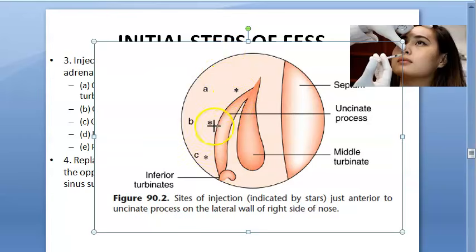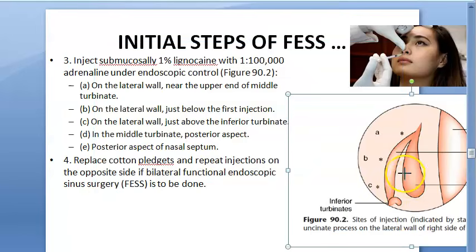This is the uncinate process, this is the middle turbinate, and this is your septum. Where they are giving: the first one A, and then below that injection site B, and then one more here.